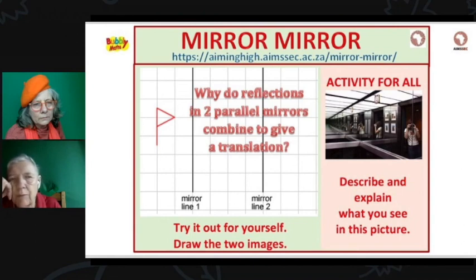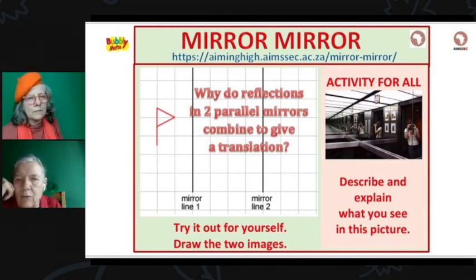We put these up to challenge people to think. And if you go to the Aiming High website and go to Mirror, there's a lot more about these ideas. And the reason it says activity for all there is we believe that quite young children can start finding out and seeing and getting excited by mathematics without making it complicated for them.